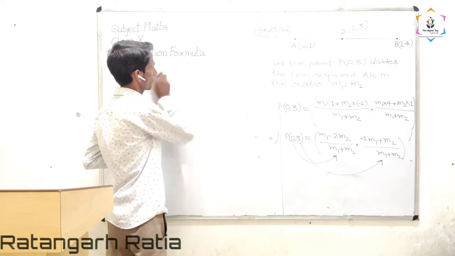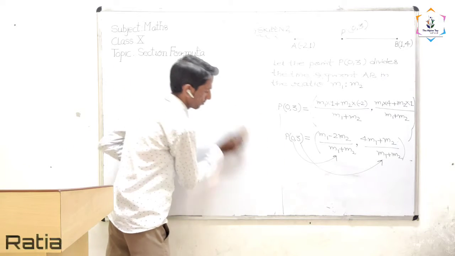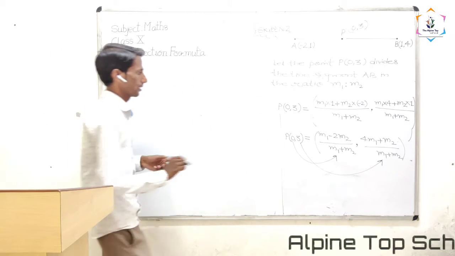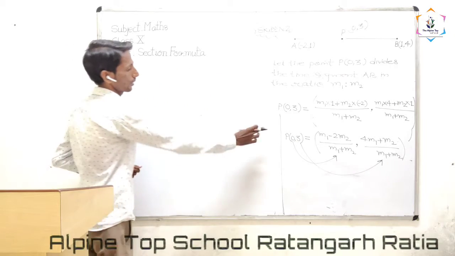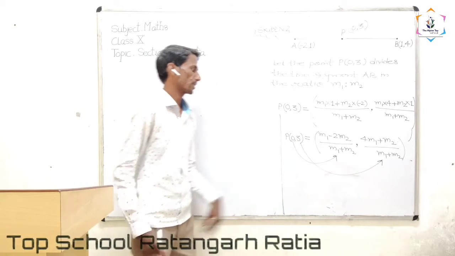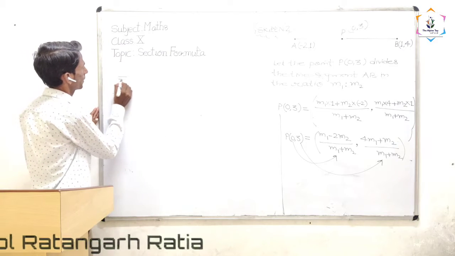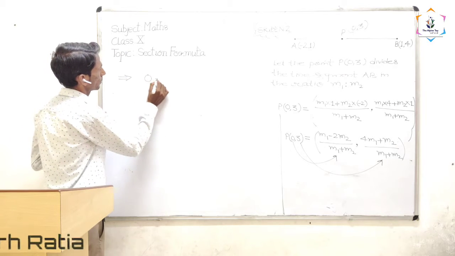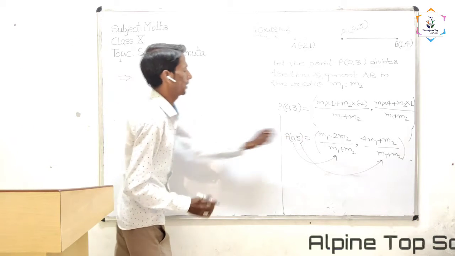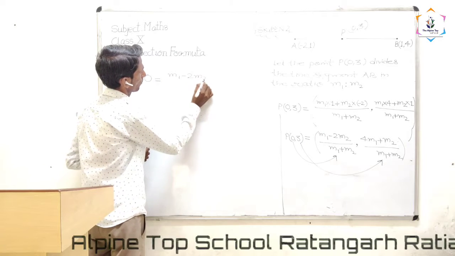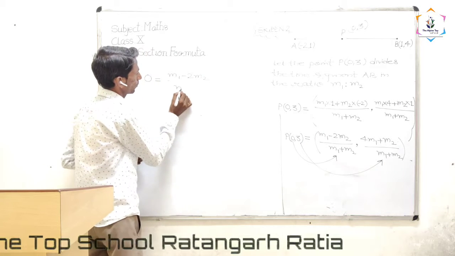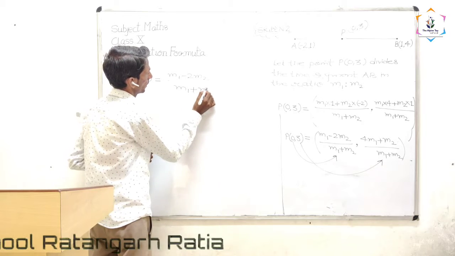Now I am going to demonstrate this practically with this example, whose half portion I have already sorted out here. I am going to equate only the abscissa. It implies 0 is equal to (m1 minus twice of m2) by the sum of the ratio m1 plus m2.